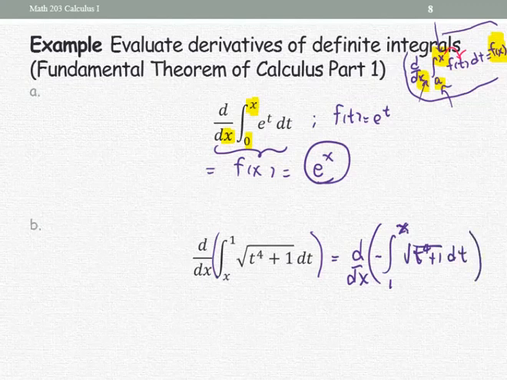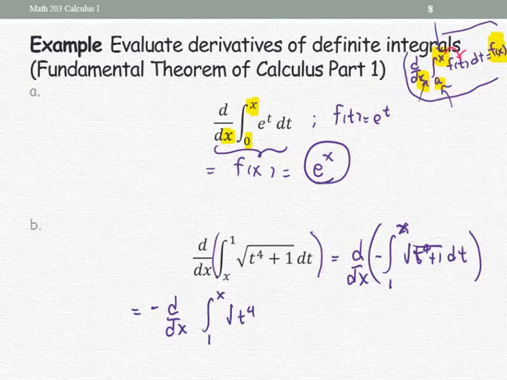And now we can treat negative 1 as a constant multiple. This will become negative of the derivative with respect to x of the definite integral from 1 to x of the square root of t to the fourth plus 1 with respect to t.